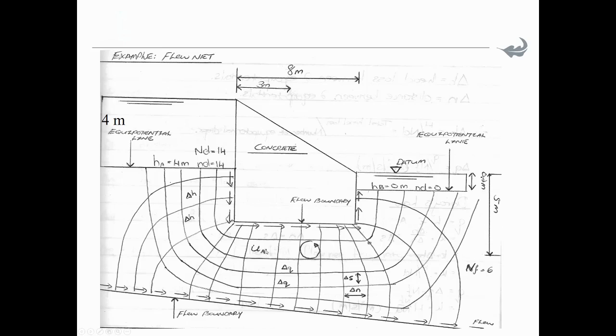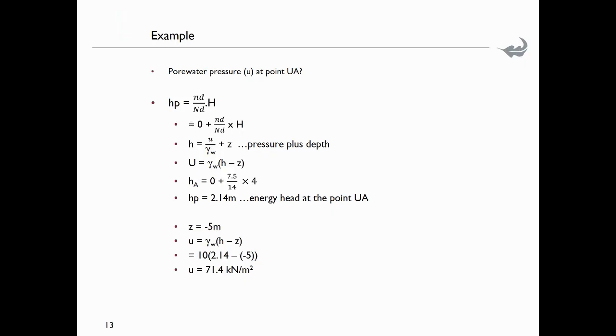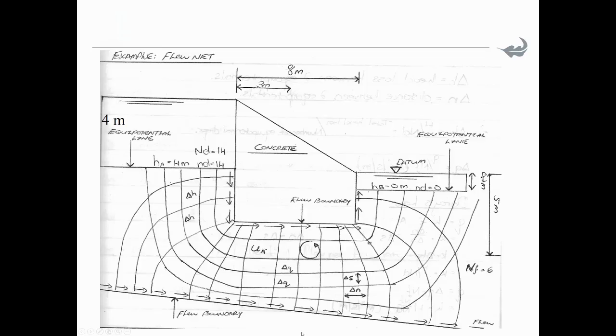And we eventually want to know the pore water pressure U at this particular point. Pore water pressure at point A, which is 5 meters below the surface and 3 meters from this flow boundary. So you draw your equipotential lines.